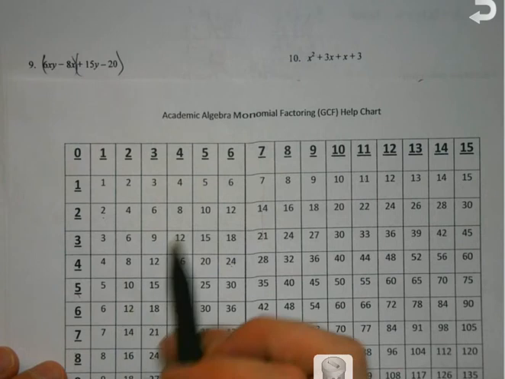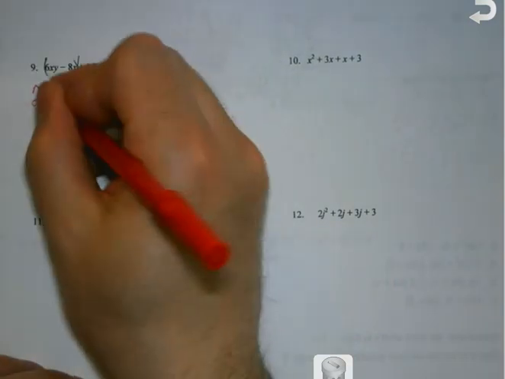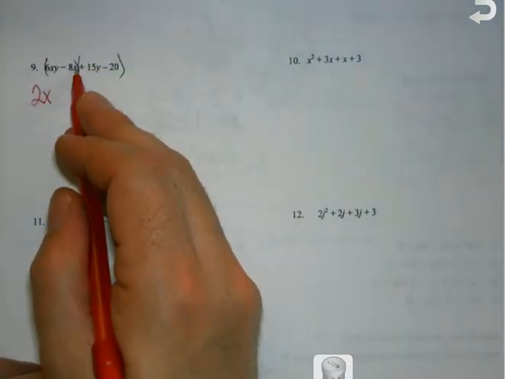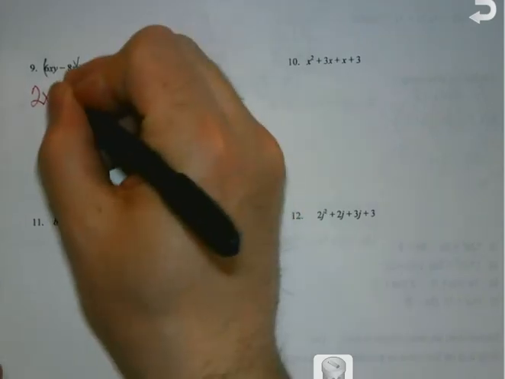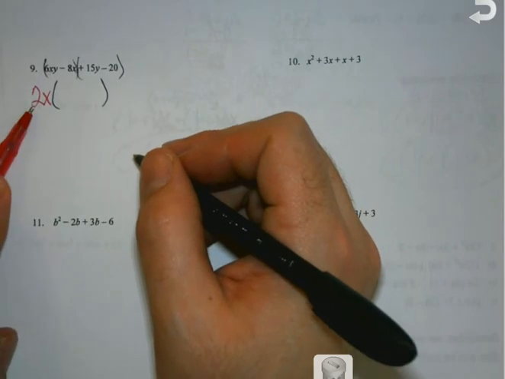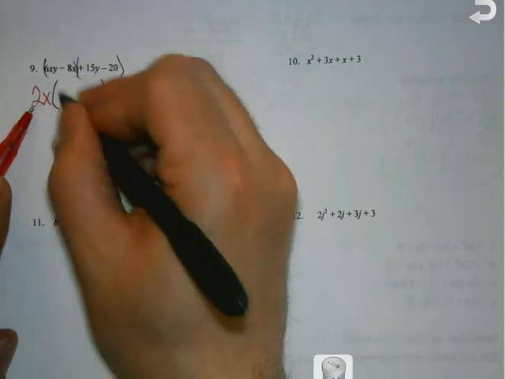Look at that first pair, I say, okay, 6 and 8, that's 2, okay. Get that 2 out of there. They both have an x, okay, I'll take x out. What about y? Oh, wait a minute, they both don't have y. Okay, so just this one. So I just get the 2x. 2 times what gets me to 6?